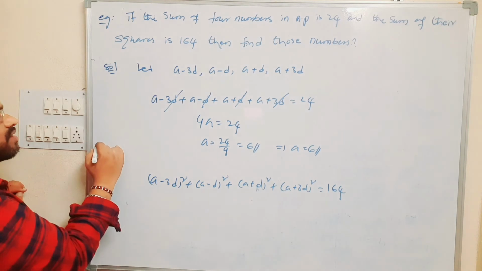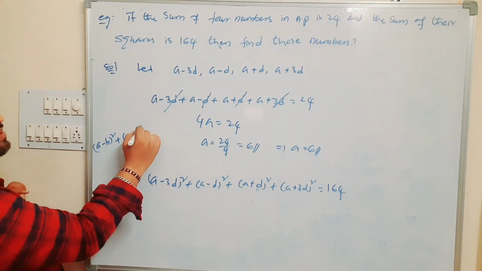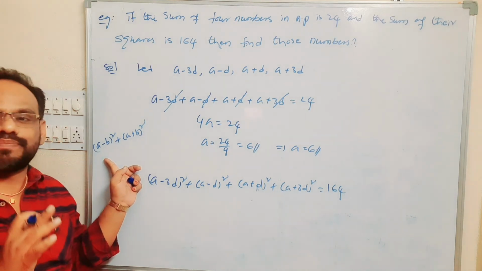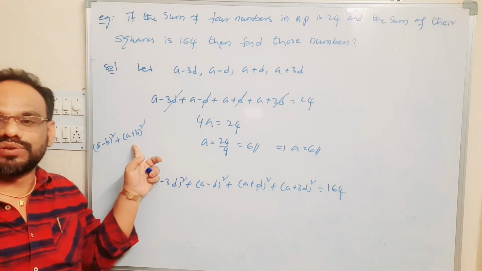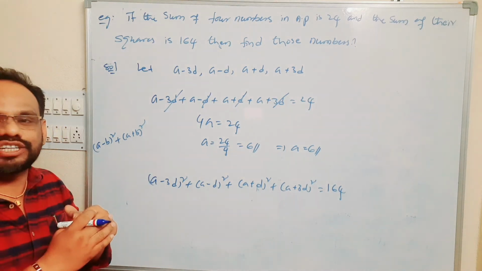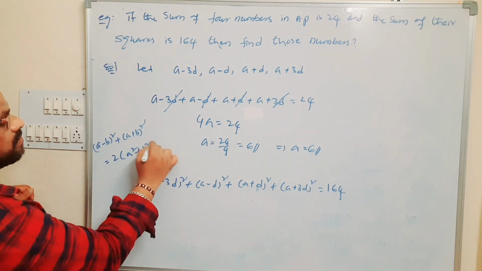We know one formula: a minus b whole square plus a plus b whole square. a minus b whole square is a square minus 2ab plus b square, plus a plus b whole square is a square plus 2ab plus b square. The minus 2ab and plus 2ab get cancelled. We get 2 times of a square plus b square.